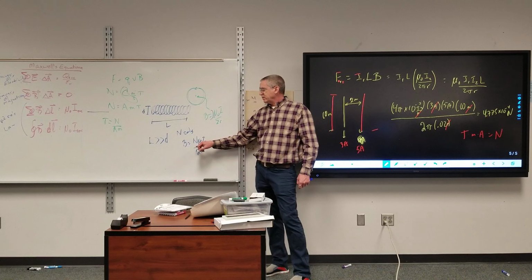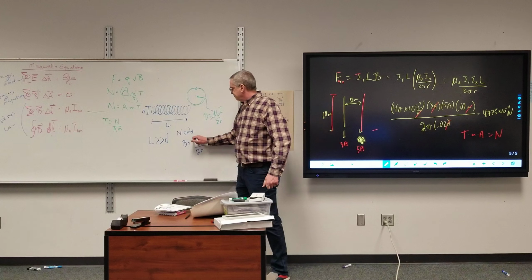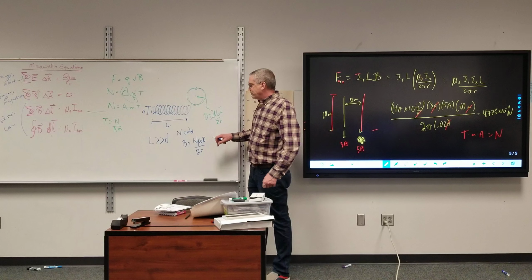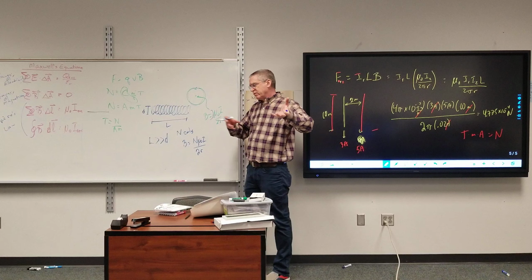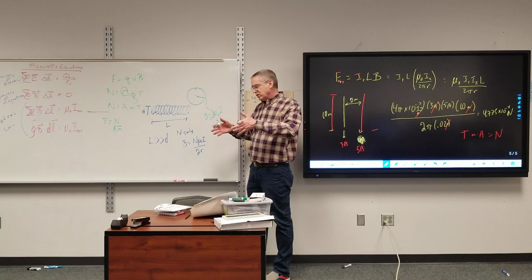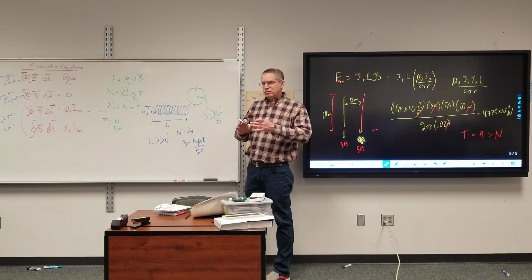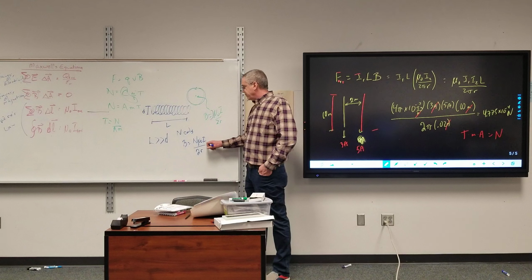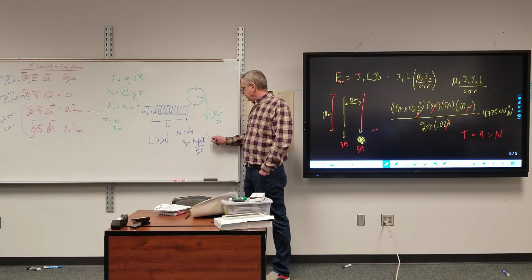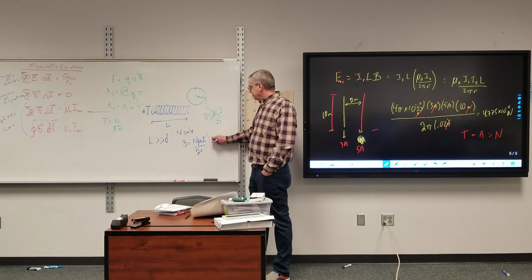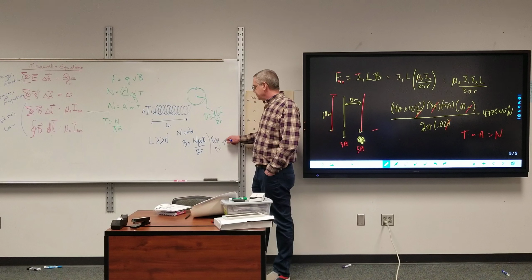This is the magnetic field at the center of a small bunch of loops. So we're going to derive a different formula for the magnetic field at the center of the solenoid. Sorry about that. This is if I have few loops.